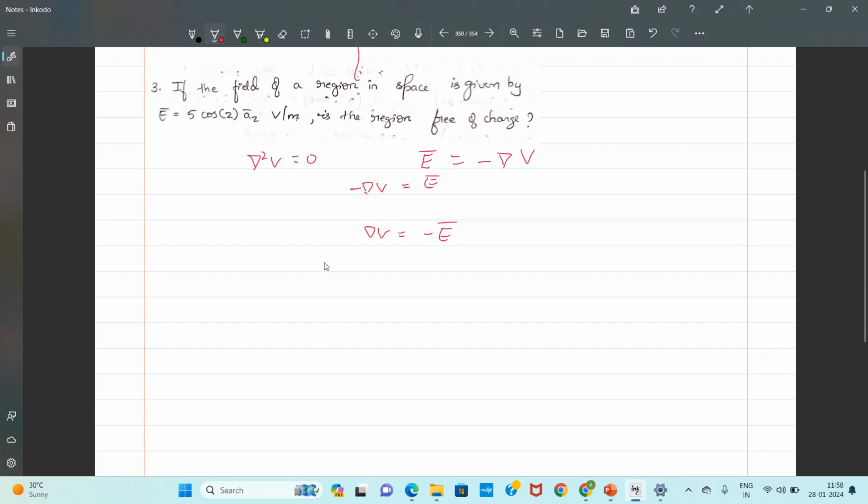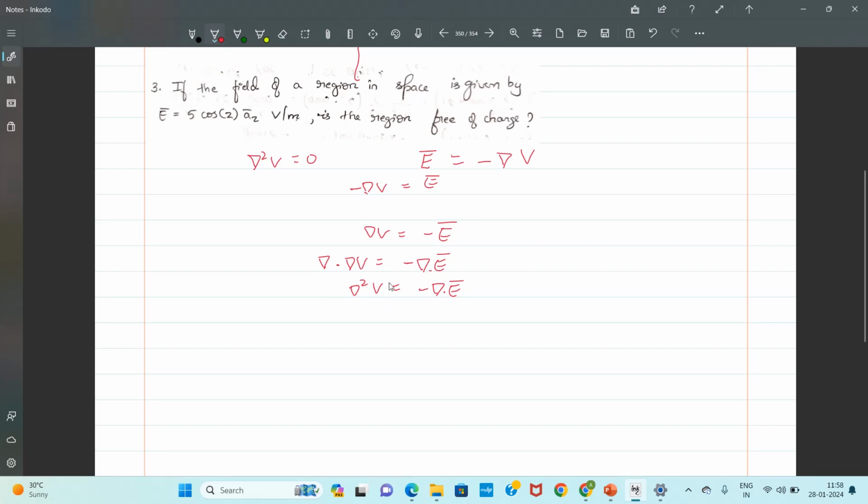Now let's take dot product of del on both the sides. I'll take one more del on this side and also the same thing on the other side. Del dot del V and del dot E. So del dot del V is nothing but del square V, and here you have minus del dot E. Right?